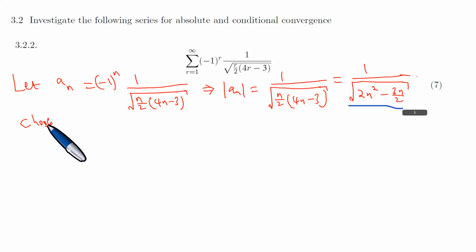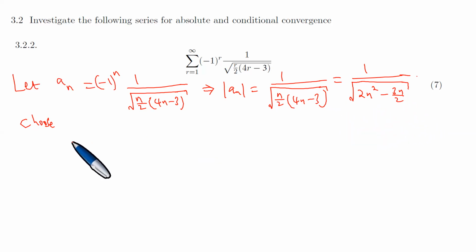How did you get that? Just multiply n over 2 into the brackets by distribution. So we have 4 divided by 2, which is 2, n by n is n squared. And then we have n over 2 by minus 3, which is minus 3n over 2.